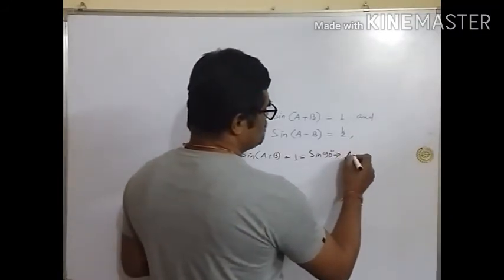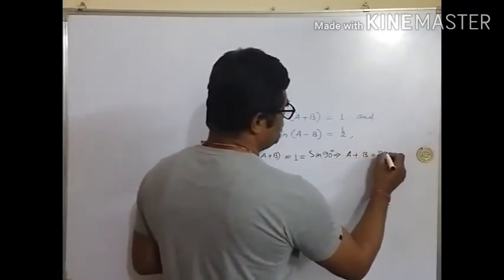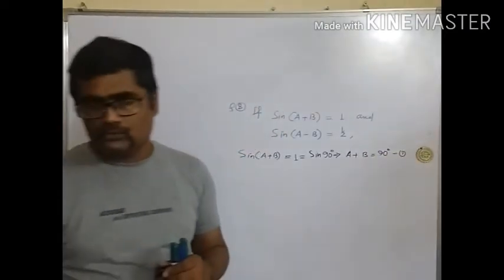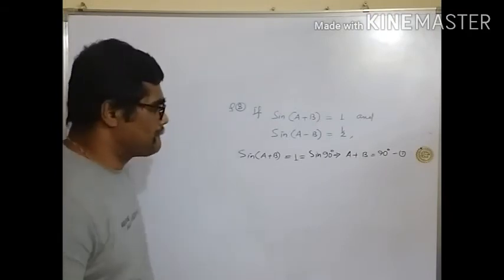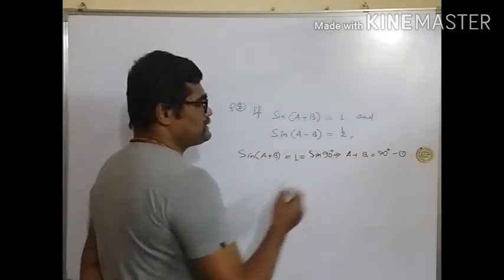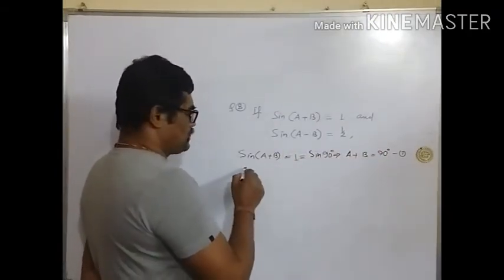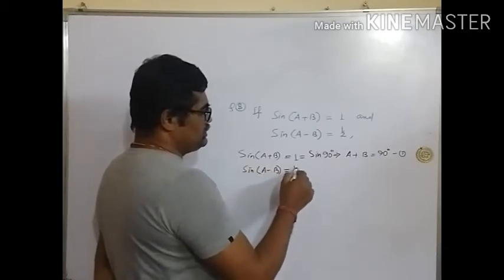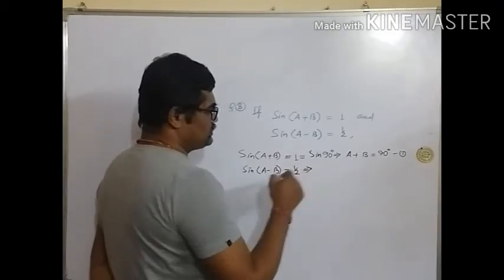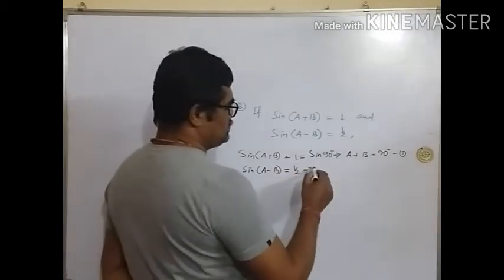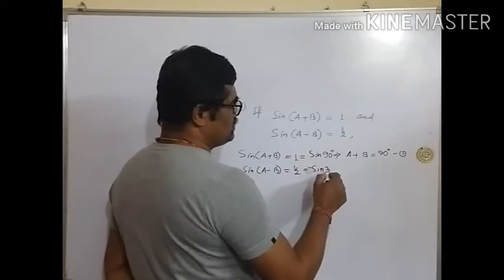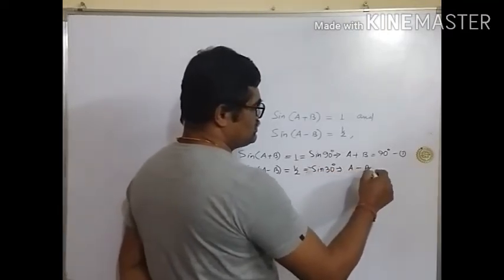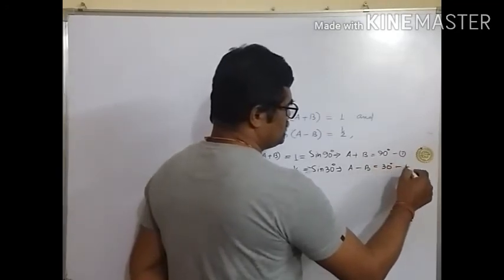So what I can get here is A plus B equal to 90 degree. That is equation number 1. Then sine of A minus B equal to half. Can you tell me sine of what value? It is 30 degree. So we get A minus B equals 30 degree.